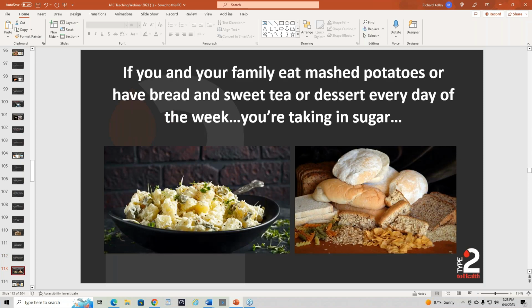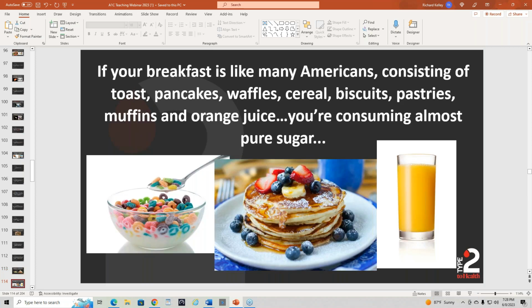And so if you and your family eat mashed potatoes or have bread and sweet tea or dessert every day of the week, you're taking in excess sugar. If your breakfast is like many Americans, consisting of toast or pancakes or waffles, cereal, biscuits, pastries, muffins, and orange juice, you're consuming almost pure sugar with those items.